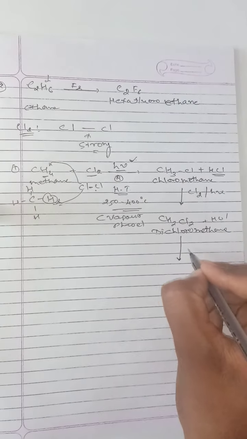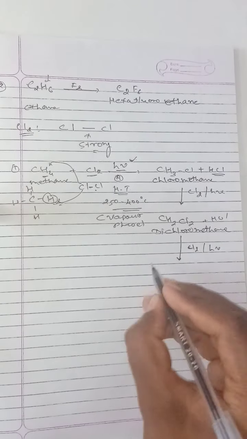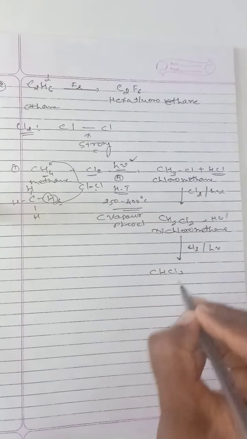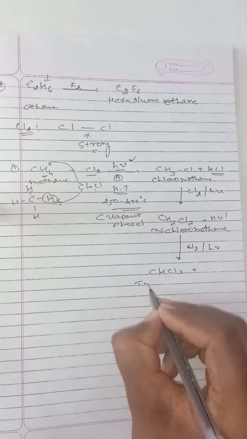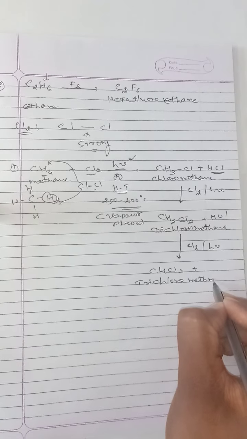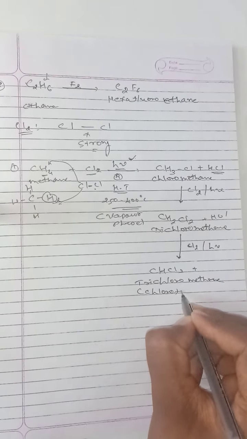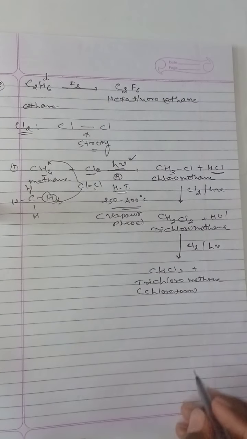Again on chlorination in presence of sunlight, we get CHCl3, trichloromethane, or we can write here chloroform.